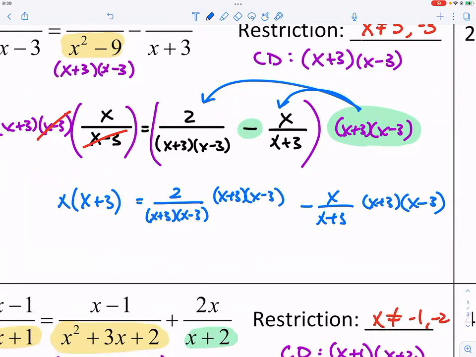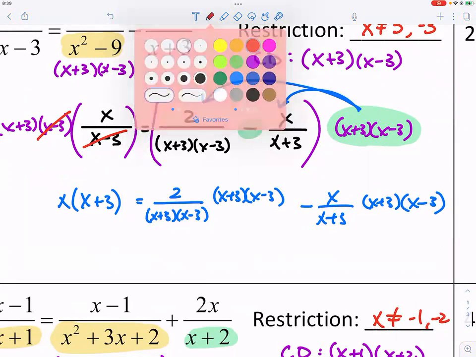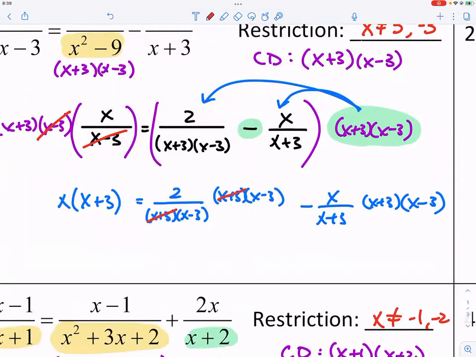And based on the distribution, let's see what we can cancel out. Well, x plus 3, they are canceling each other out. X minus 3, they are also canceling each other out. All right, and then on the other side, we have x plus 3 being canceled out, so we are down to x minus 3. So on the right, we have 2, and then minus x times x minus 3.